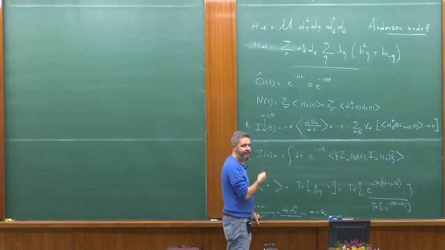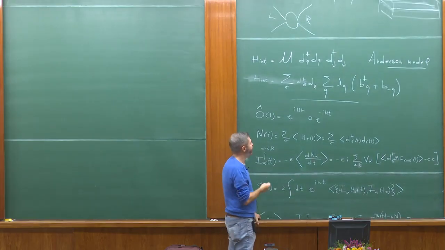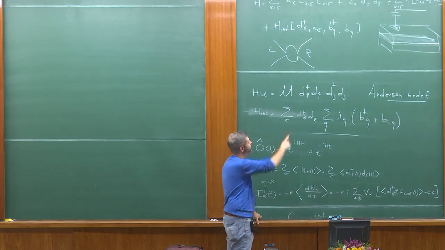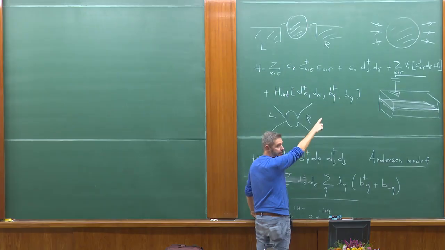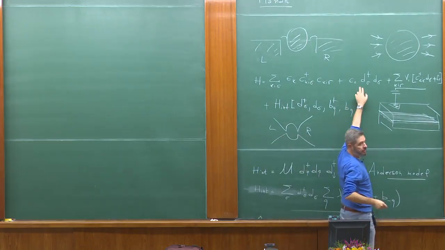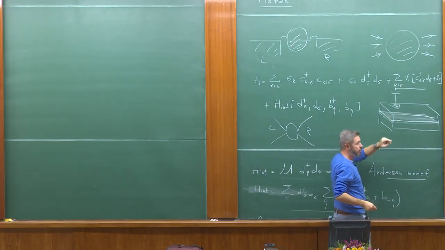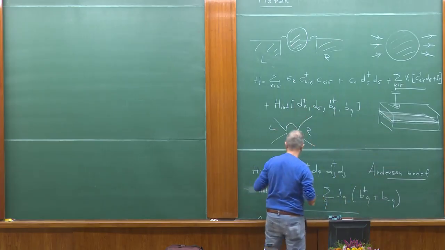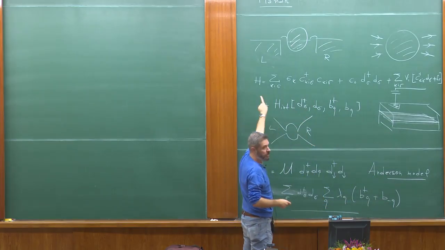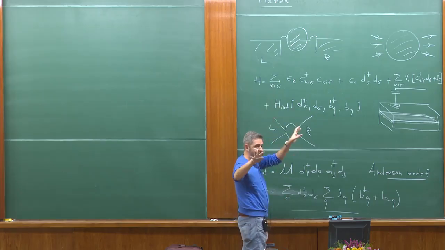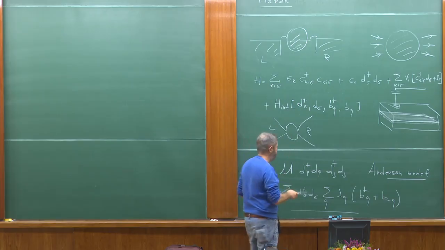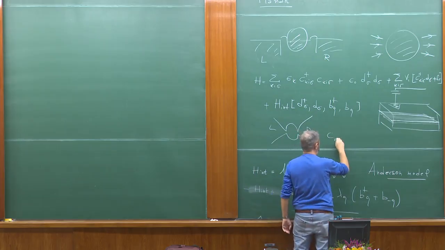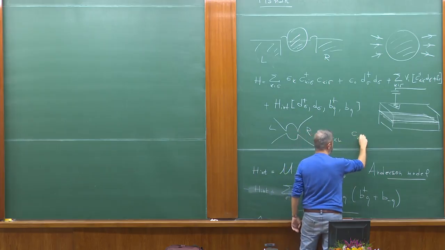See the Hamiltonian. Look at the Hamiltonian. D is this. C are the creation and annihilation operators of the two leads, of the two sides. Okay? Clear? There are different C's for left and right? Yes. So there is C_k left and C_k right.